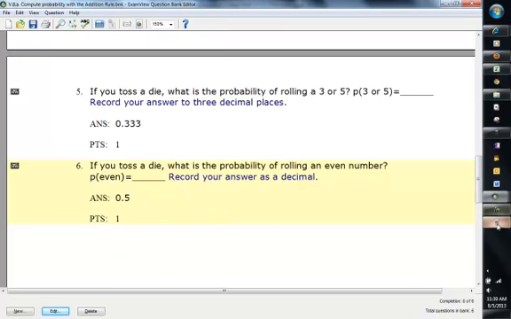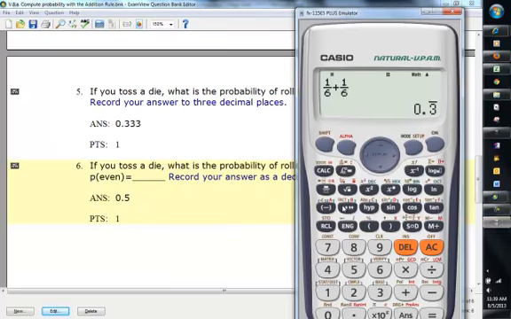Rolling an even number. Well, 2 is one even number, 4 is another even number, 6 is another even number, and there's a total of 6 numbers, so that'd be 0.5.